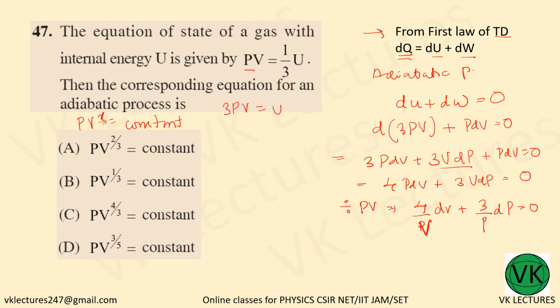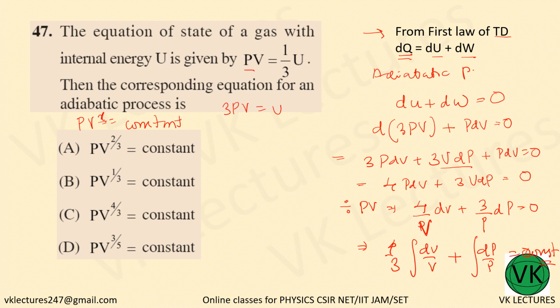Now again you can divide by 3 here. So you get 4/3 times dV/V plus dP/P equal to 0. Now you integrate this. Integrating, instead of 0 you get a constant of integration.